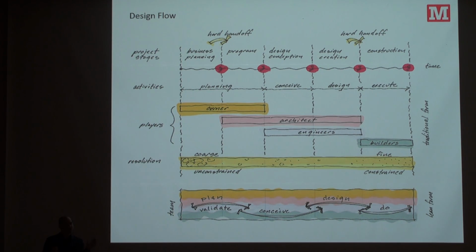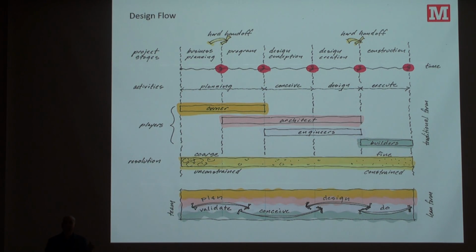And you notice that we're separated by space and time, and it's the natural creation of silos here. There's a real big one between the owner and the architect, and then another big hard handoff, the place where things break down between architects, engineers, the design team, and the builders.